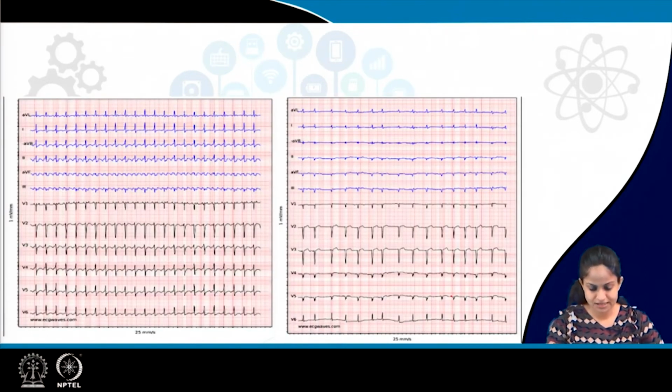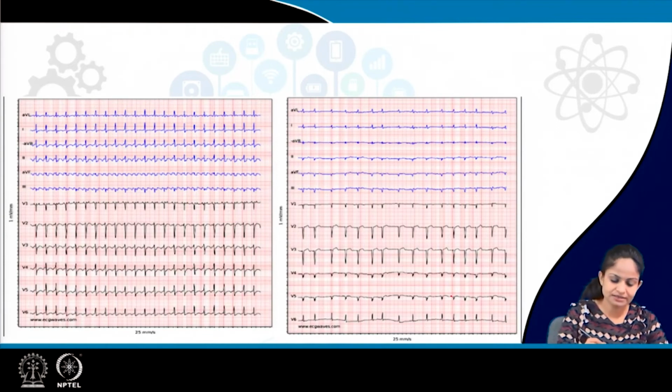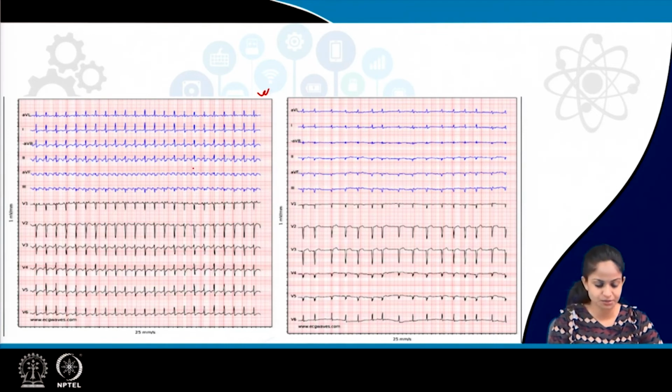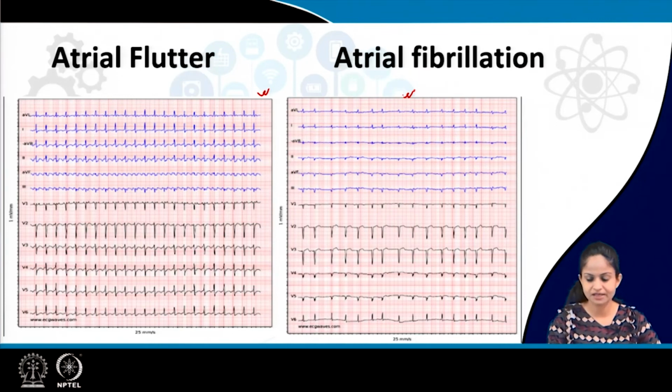Now, these sorts of ECGs you are supposed to remember, you should not forget. What is this ECG where you can at least identify the P waves, and what is this ECG where we are getting bizarre irregular small waves? One is atrial flutter, the other is atrial fibrillation.